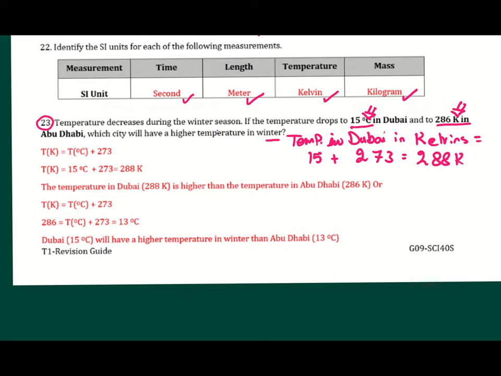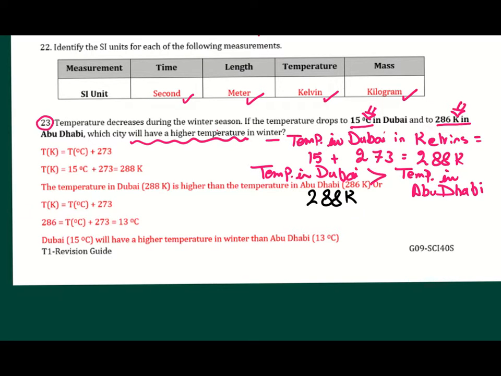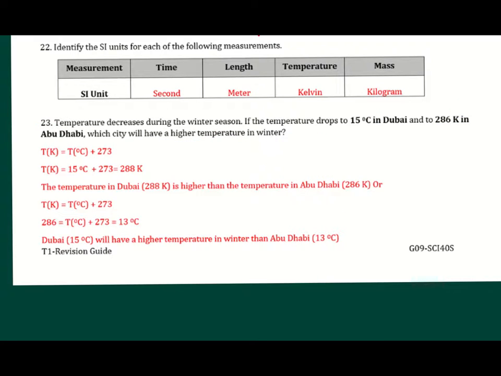You can see that the temperature in Dubai is higher than the temperature in Abu Dhabi. So this is the answer of our question. He's asking which has a higher temperature. Dubai has a higher temperature than Abu Dhabi. In Dubai it is 288 Kelvin, and in Abu Dhabi it's 286 Kelvin, and you don't need to make any other conversion.